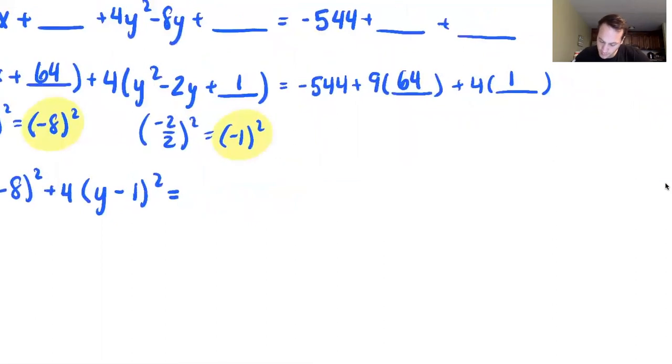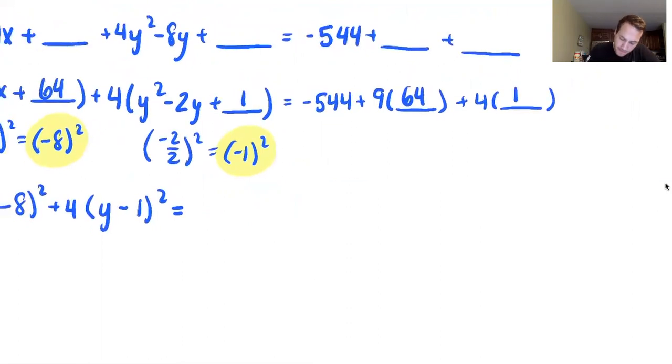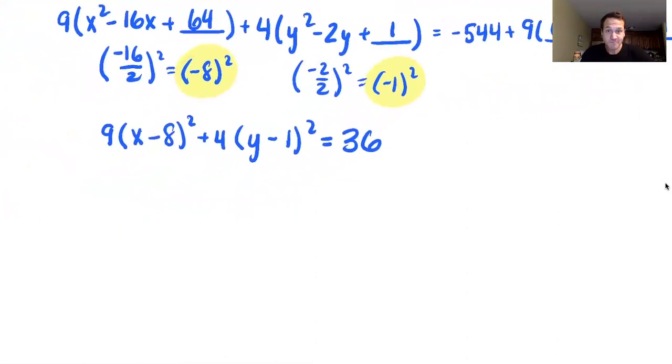Negative 544 plus 9 times 64 plus 4. That right side gives us 36. From there, I have to be equal to 1. So I'm going to divide everything by 36.